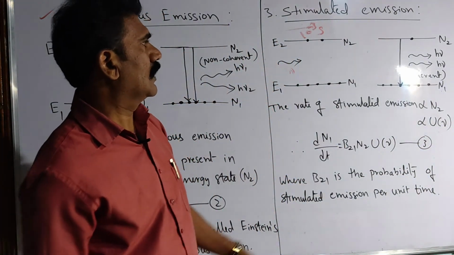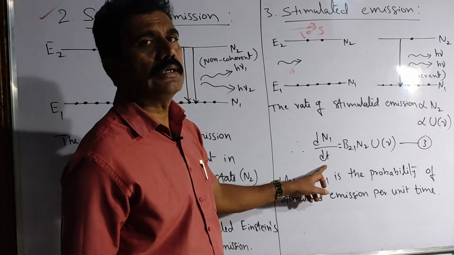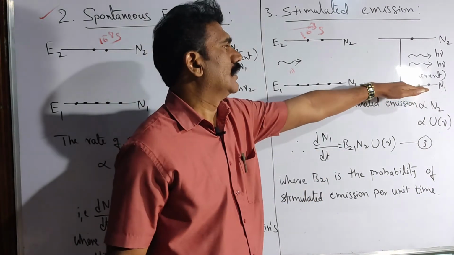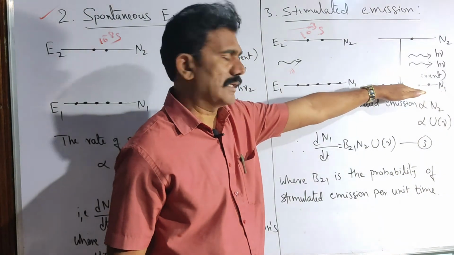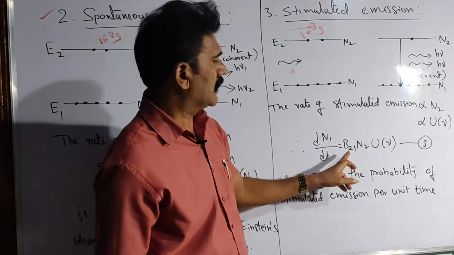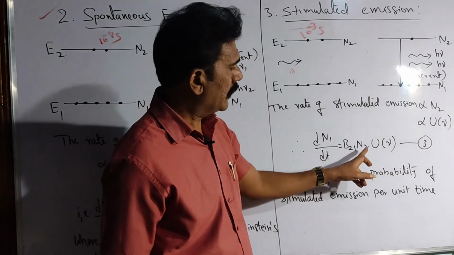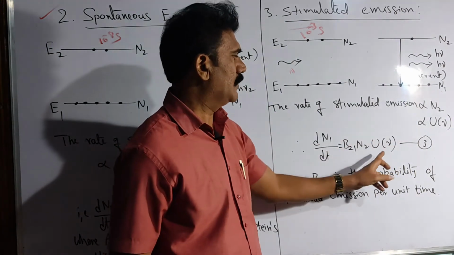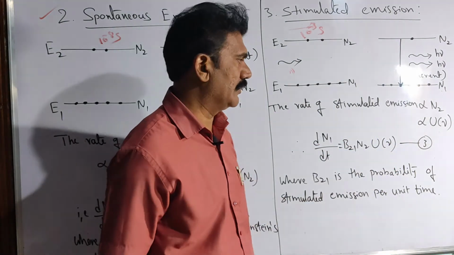So now we can write dN1 by dt. Again it is an emission process, so the rate of change of N1 is equal to the proportionality constant B21 into N2 into U of nu. It depends upon N2 and upon the energy density U of nu.